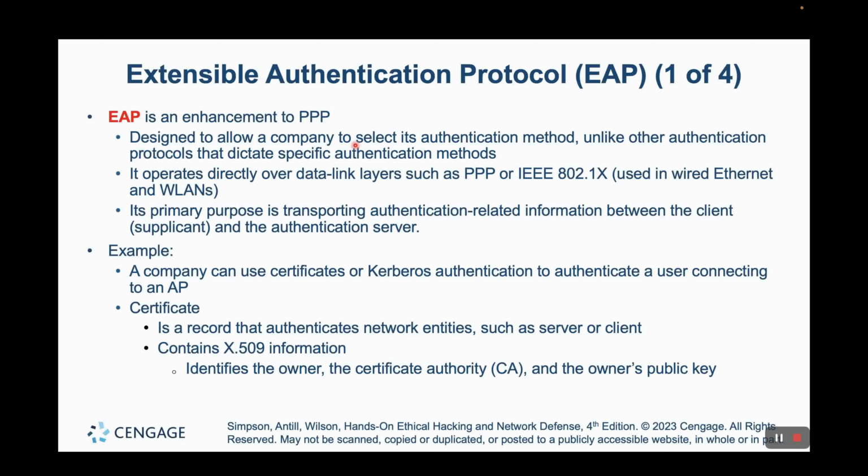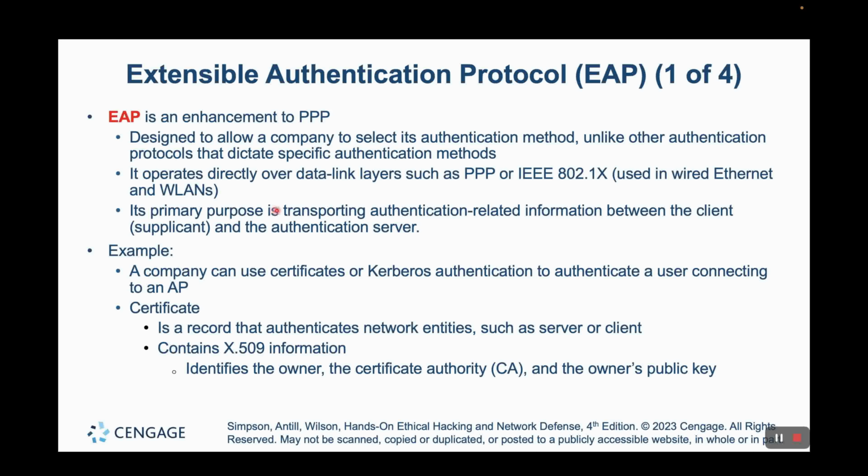Now, another important protocol is the Extensible Authentication Protocol, which is an enhancement to PPP. It is designed to allow a company to select its own authentication method, unlike other types of protocols, where you have to use a very specific type of authentication method. And again, it works in the data link layer, basically, such as PPP or IEEE 802.1x, which is used in both wired and wireless LAN.